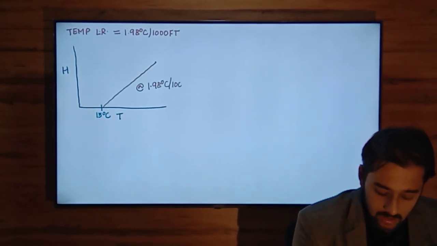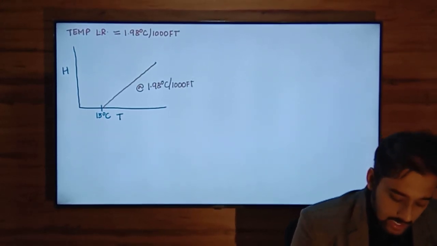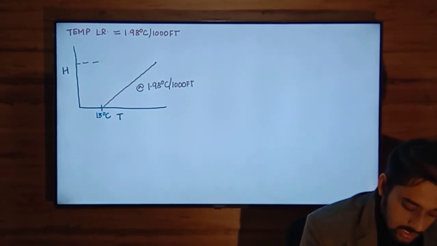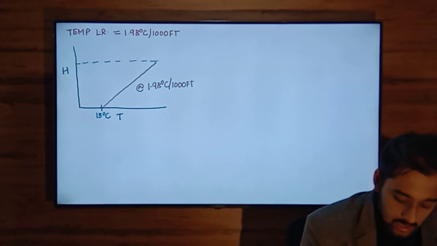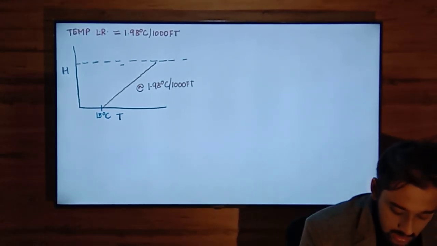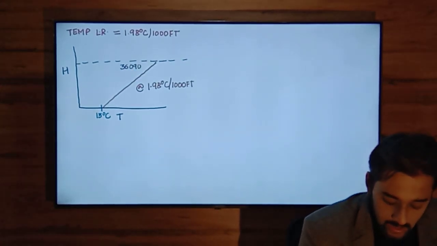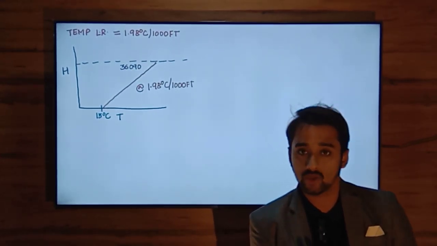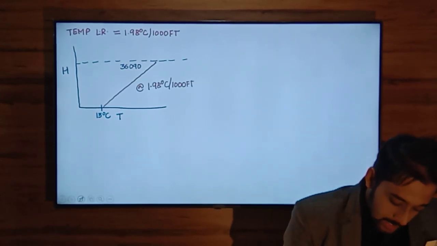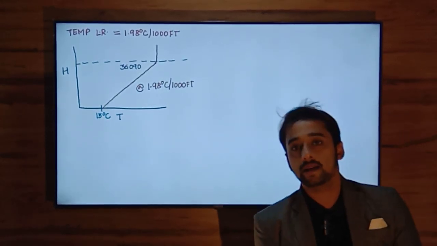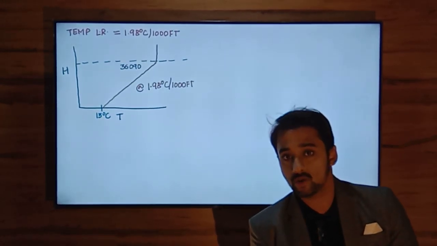Then there comes a particular height, a height of 36,090 feet, where this drop in temperature at a particular lapse rate stops. Beyond that, this lapse rate stays constant, that is 0. It doesn't drop at all.